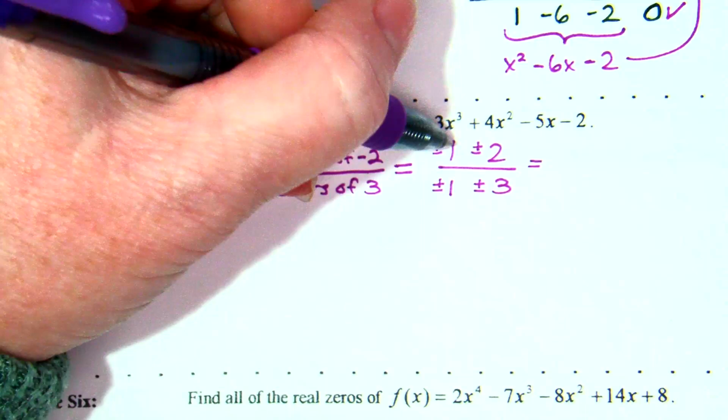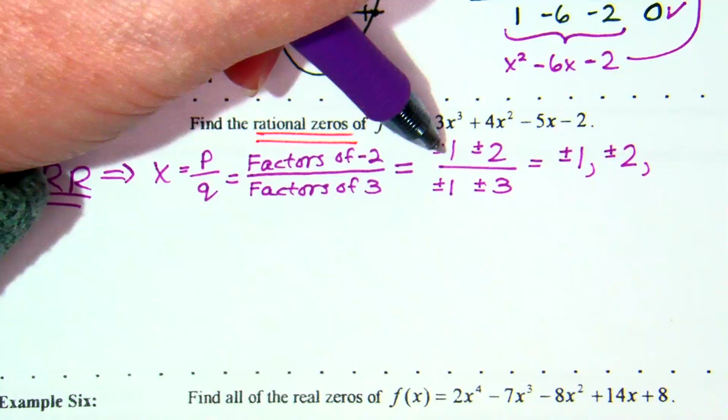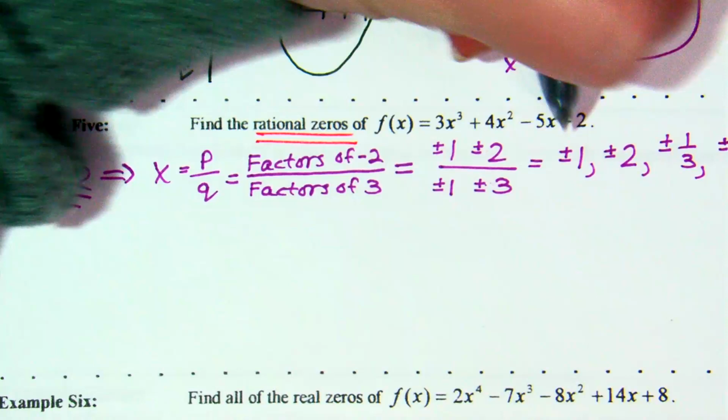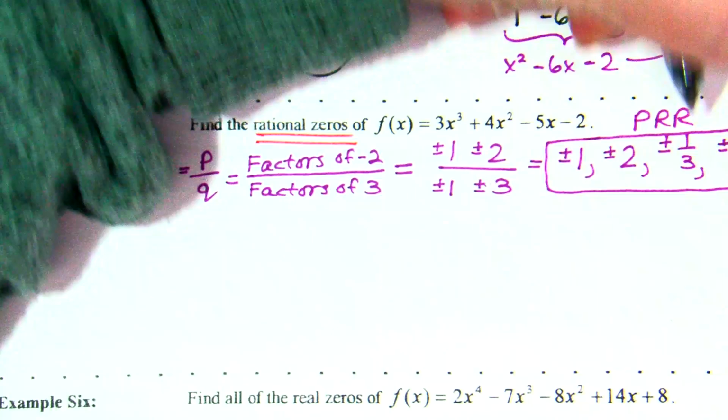So I would start by putting everything over 1. 1 over 1 is 1. 2 over 1 is 2. Now we're going to take turns putting things over 3. 1 over 3 is 1/3, plus or minus 1/3. 2 over 3, plus or minus 2/3. So these are my potential rational roots.